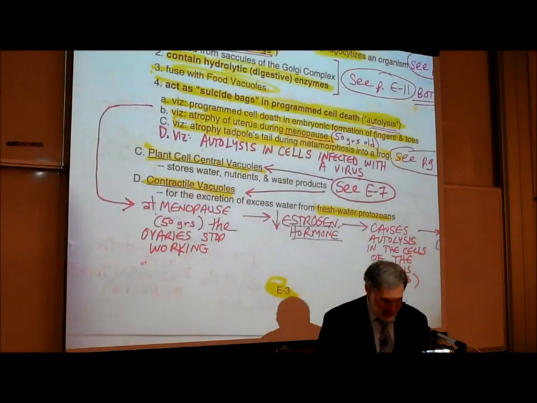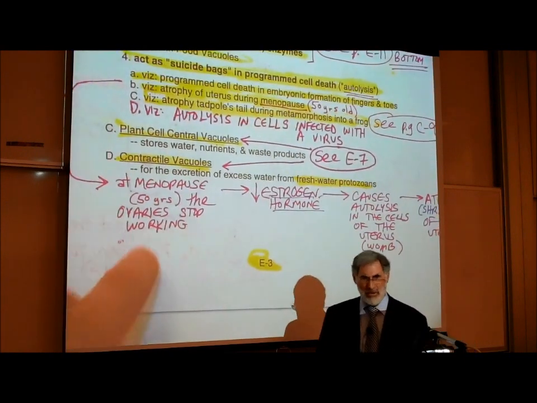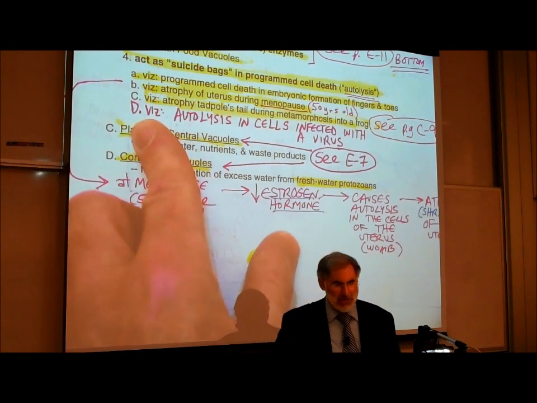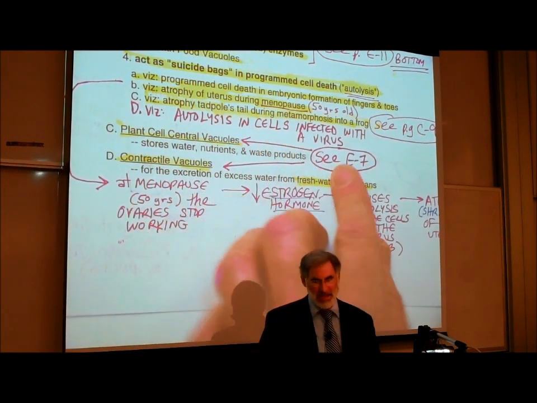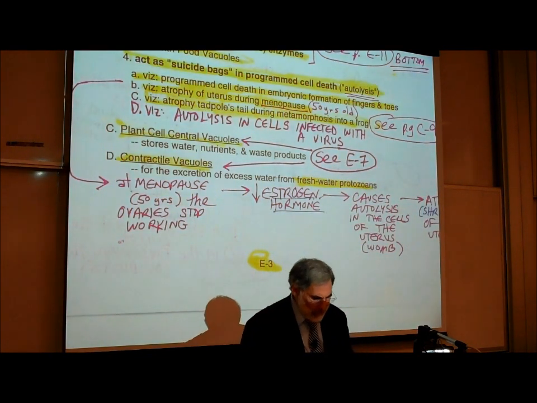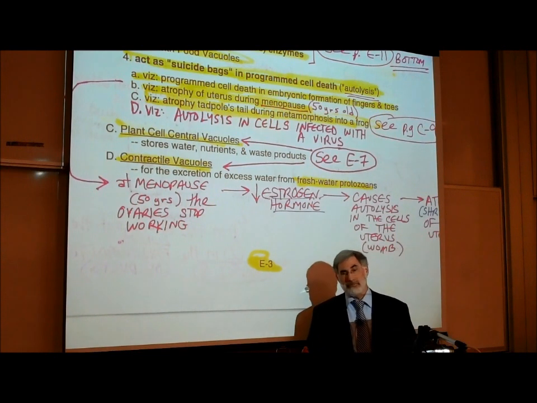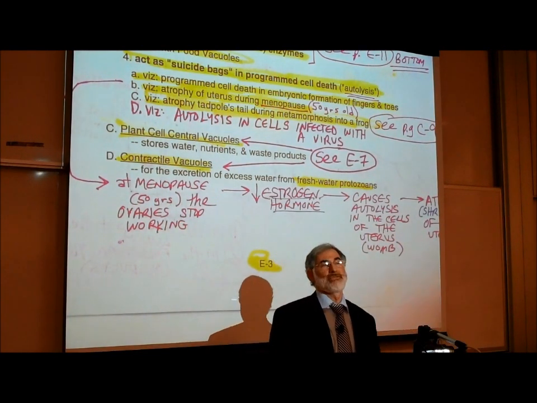Okay, let's return back to E3. So back on E3, I want to give you one last example. I don't think it's written there, but I've written it in. So I wrote letter D, visualize autolysis in cells infected with a virus. So in fact, when a virus enters human cells, infecting them, our body has to destroy these viral particles.